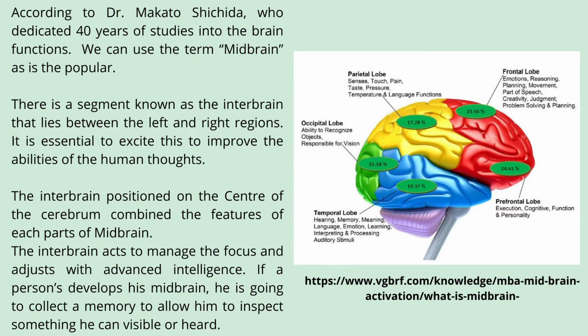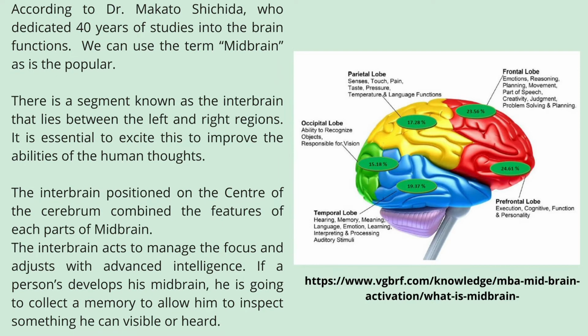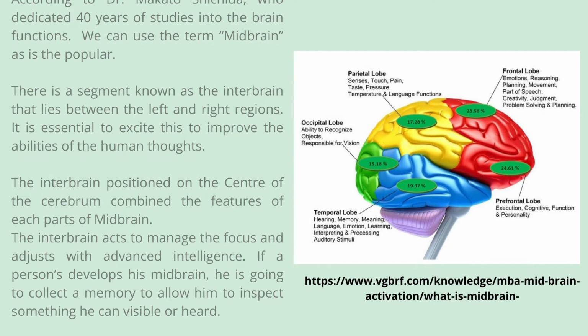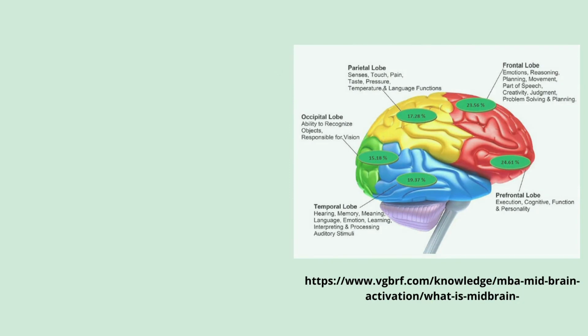The interbrain, positioned at the center of the cerebrum, combines the features of each part of the midbrain. The interbrain acts to manage focus and adjust with advanced intelligence. If a person has developed his midbrain, he is going to collect a memory that allows him to inspect something he can see or hear.